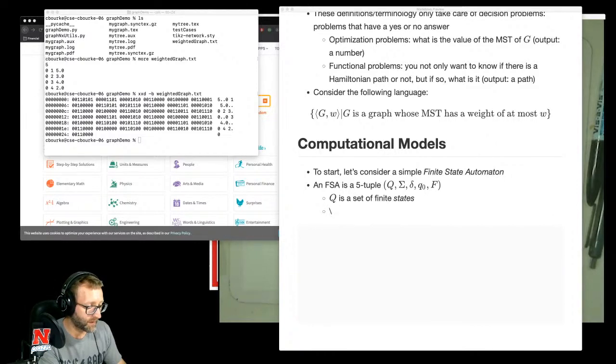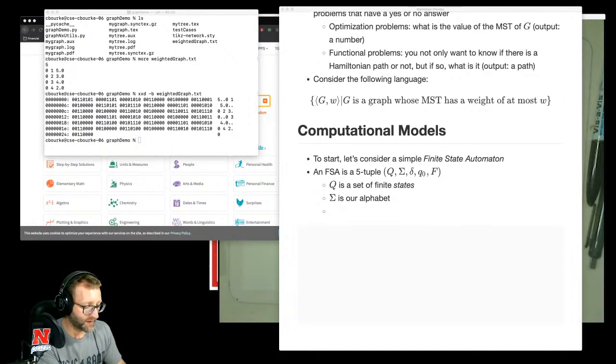Sigma is our alphabet, and for us it's just going to be 0 and 1. Of course, you can expand that if you really want to. The most complex part of this is going to be delta, which is a function. It maps the finite states and an input value, which should be from sigma, to the set of finite states. I'll come back to that and explain it a little bit more.